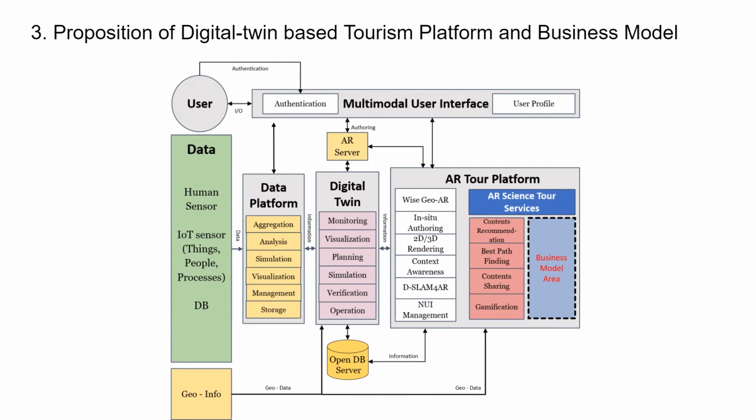Moreover, by combining and providing various tourism contents using features such as content recommendation and best path finding, the platform will increase tourist satisfaction and accessibility of relatively isolated tourist sites, thereby promoting economic activities in the surrounding areas.